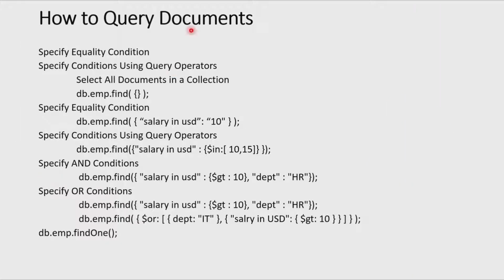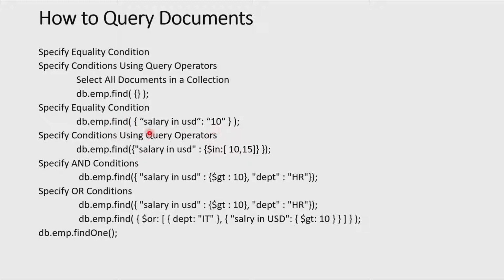Then how do we query or read the document? To query or read the document, we say db dot collection name, then dot find, and then we give round brackets, and then in curly brackets we close it, then we give semicolon. And if you have to find it according to a particular condition, we say db dot collection name dot find, and then we start with the round bracket, and then in curly bracket we give the condition.